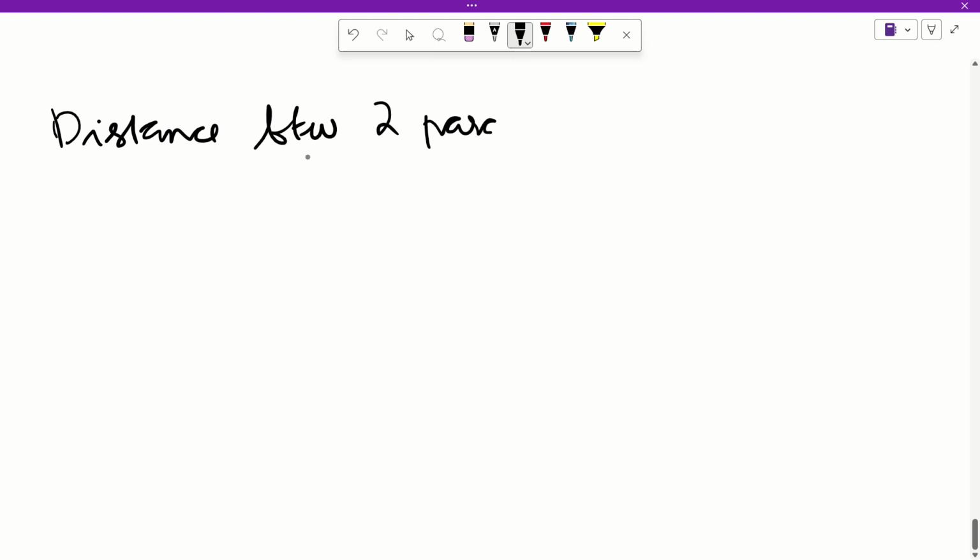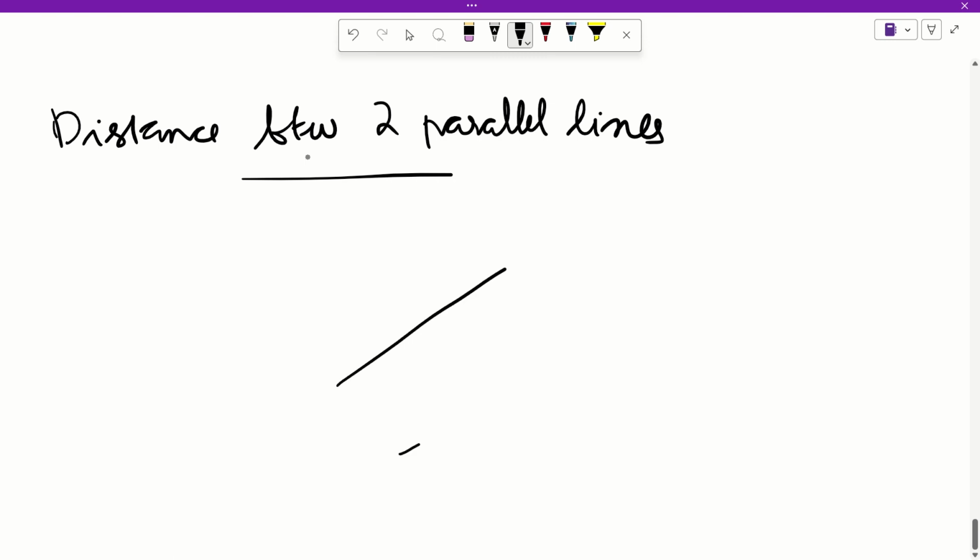Distance between two parallel lines. Okay, let's say we have two parallel lines like this.